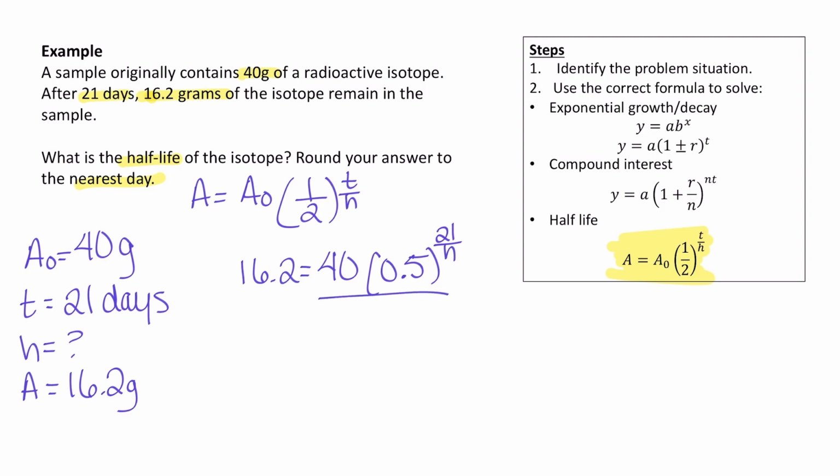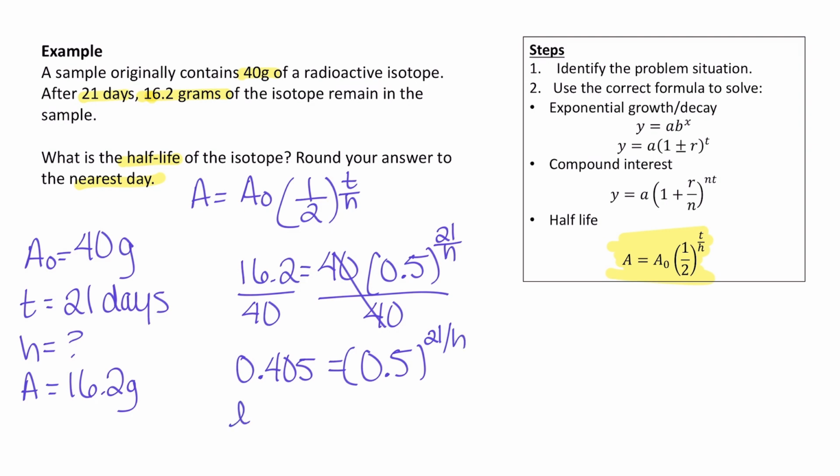So I'm just going to divide both sides by 40 to get that term with a variable by itself. So we have 16.2 divided by 40, which is 0.405. And that equals 0.5 to the 21 over h. Now to get that variable out of the exponent, I'm going to take the log of both sides.